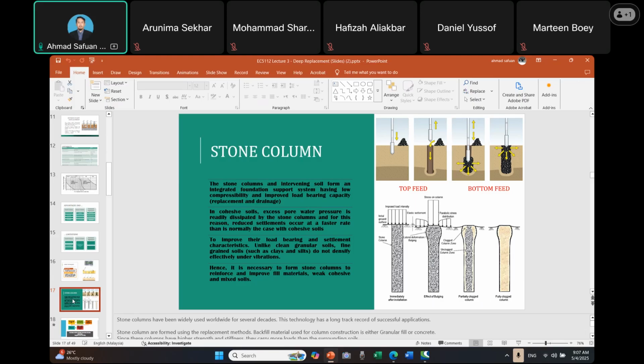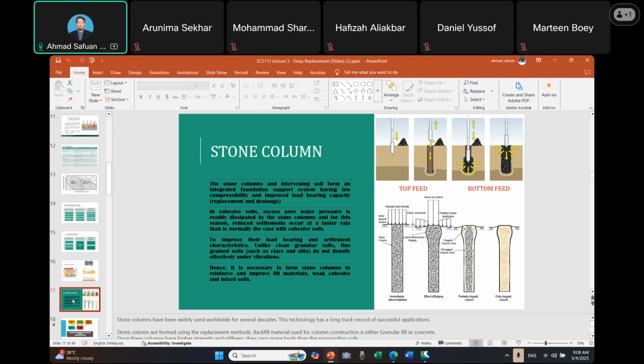As a result, it can accelerate the consolidation rate and reduce the settlements. Improve their load bearing and settlement characteristics.